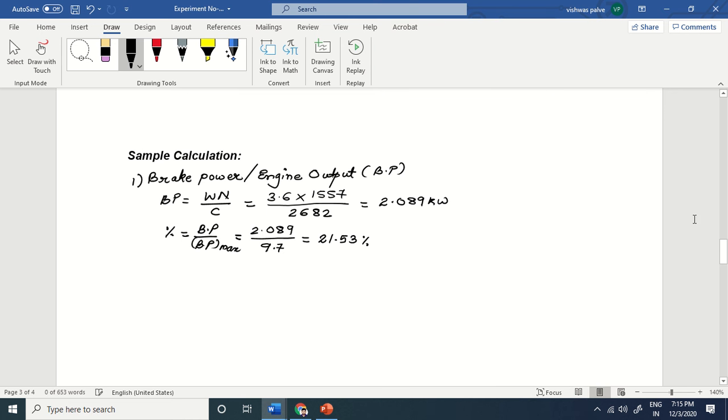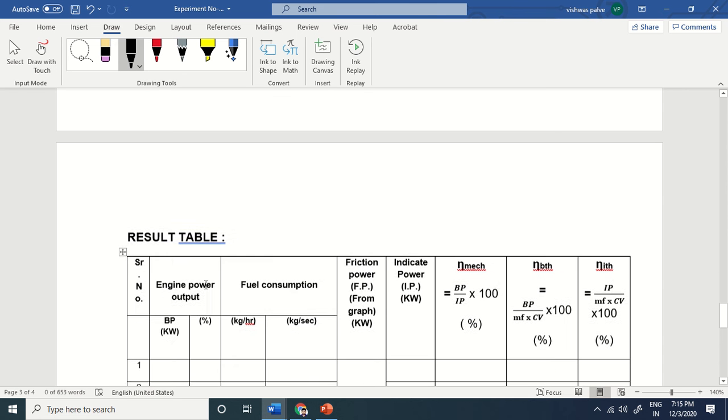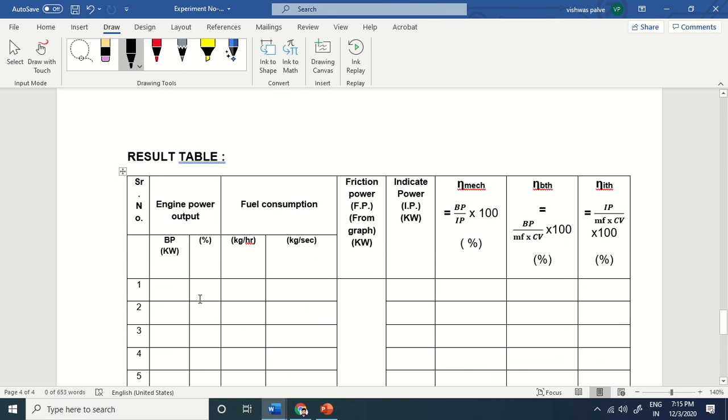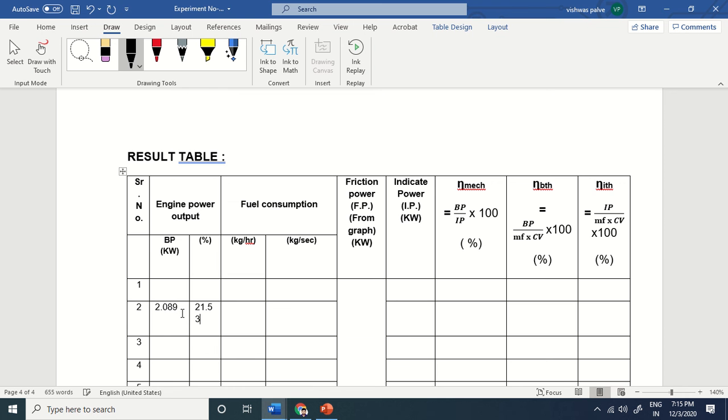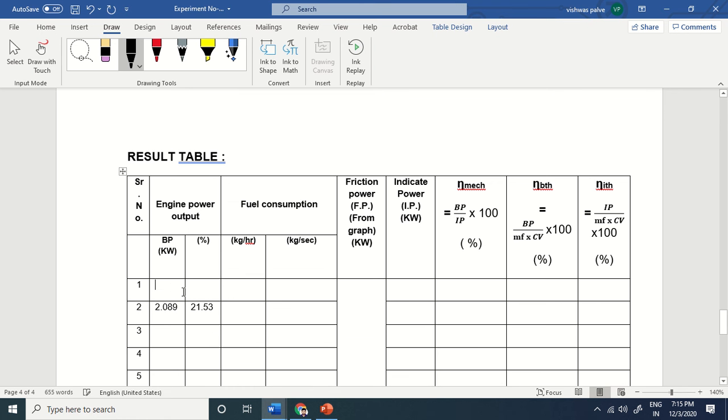So we have done the calculation for brake power and percentage load for the second reading. Here I can write 2.089, and the percentage load is 21.53. For the first reading the brake power will be 0, and the percentage load will again be 0.